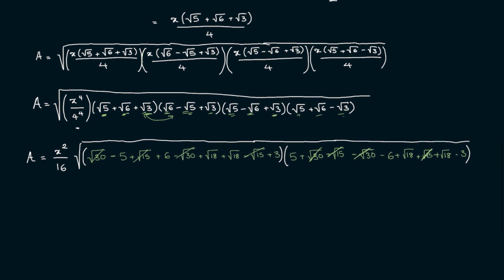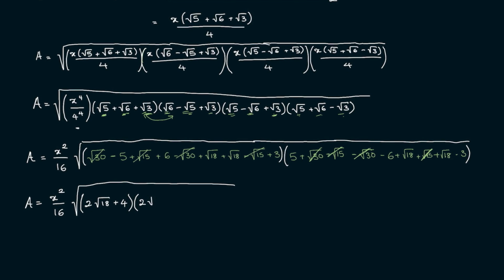So once the dust has settled, you get the area is equal to x squared over 16 times, well, if we simplify the first bracket, we are going to get 2 times root 18 plus 4.